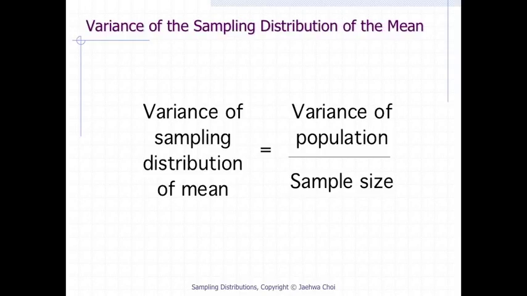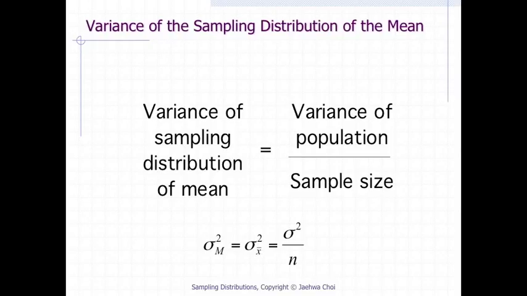The variance of the sampling distribution of the mean is the population variance divided by the sample size. The sample size is the number of scores used to compute the mean. The formula at the bottom is the formula for the variance of the sampling distribution of the mean translated into symbols.